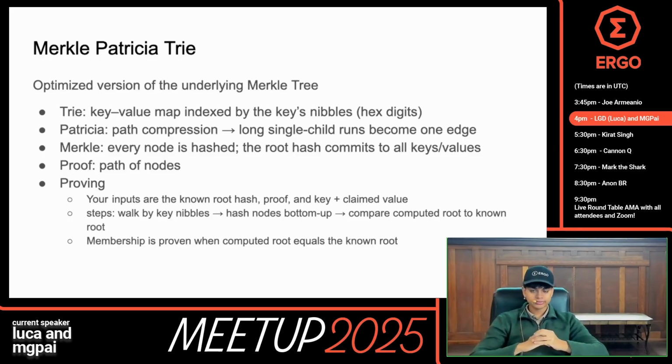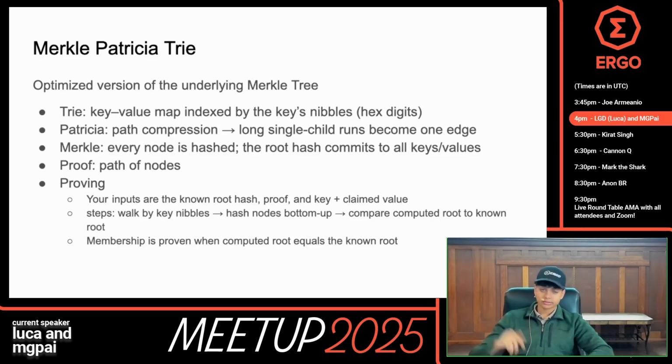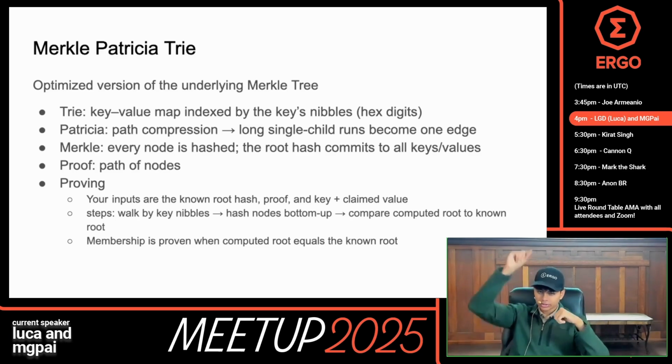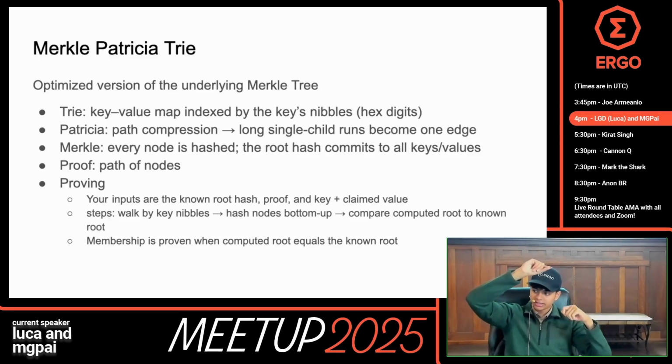And then the proof is the path of nodes that you traversed, right? So in the previous slide, we traversed through three nodes. So that's the proof. You can think of it as that. And then proving, right? What is the action of proving? So you have the input of the known root hash, right? The hash all the way at the top, you have that. And then you provide the proof.